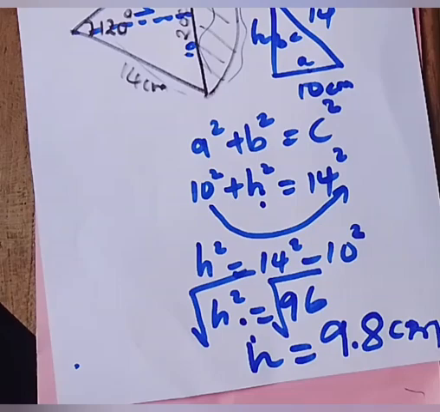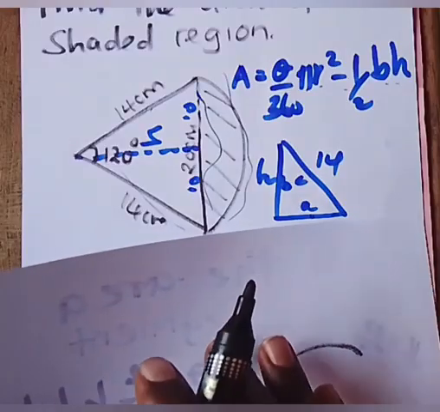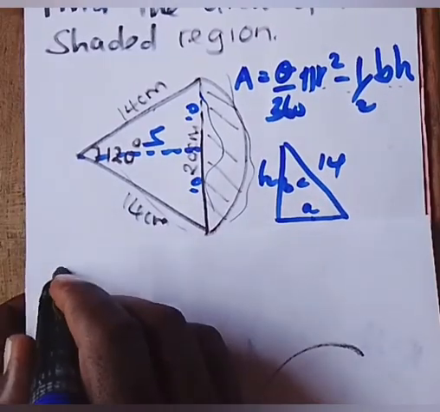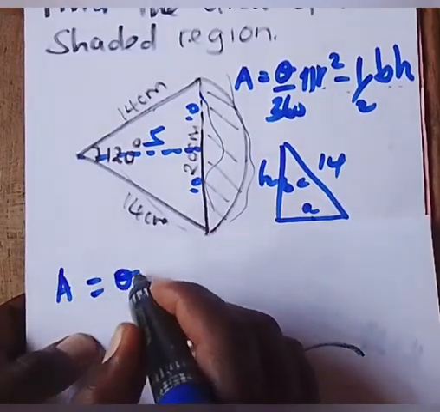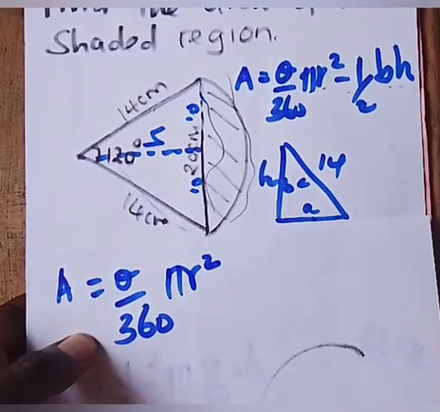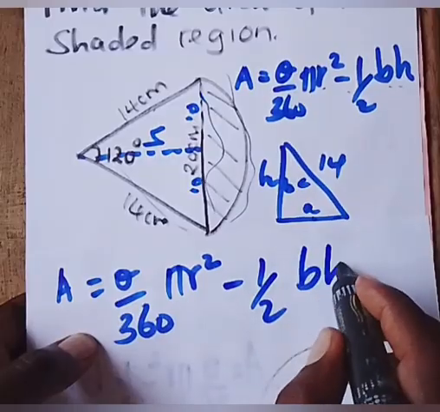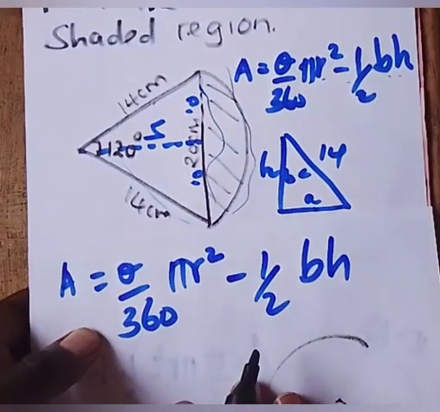Now that we have the height, we can go back to our formula here and replace what we have. Remember, we said the area of our segment is given by the area of our sector, which is theta over 360 pi r squared. Then you subtract the area of the triangle, which is half base times height.